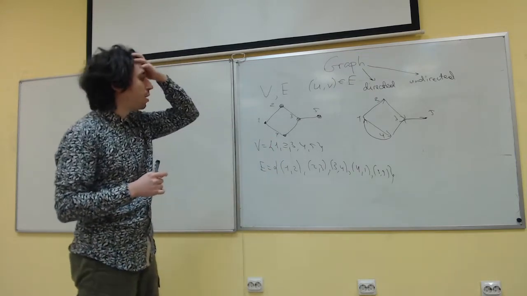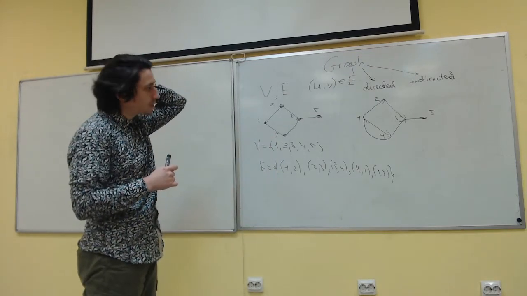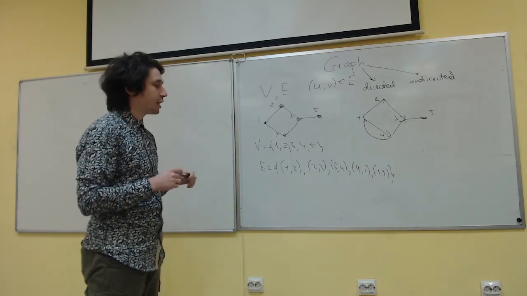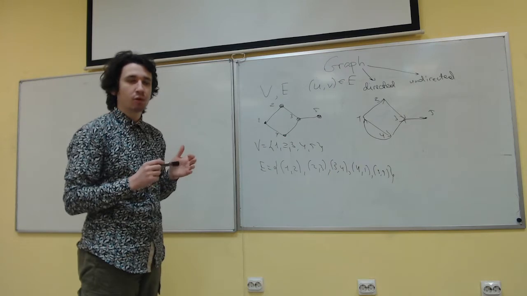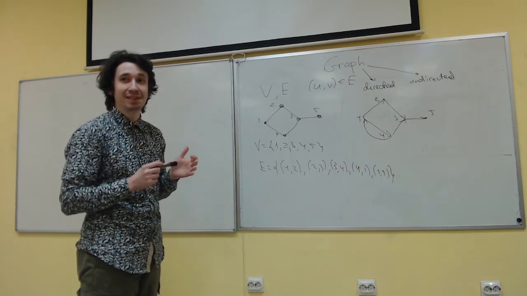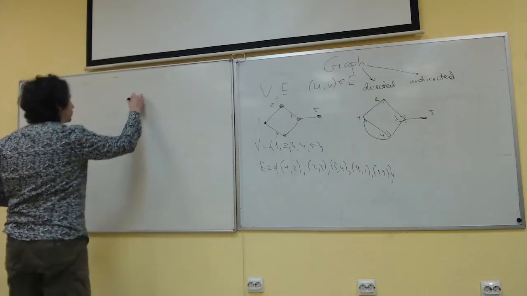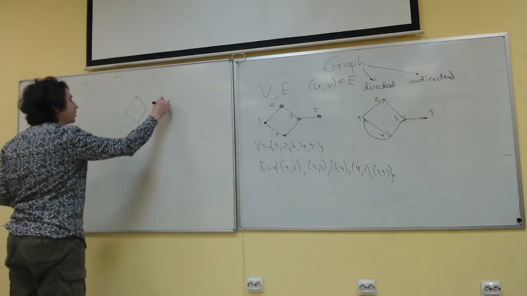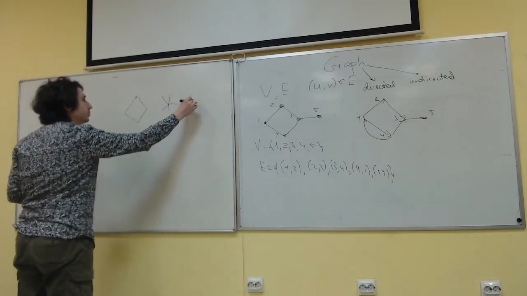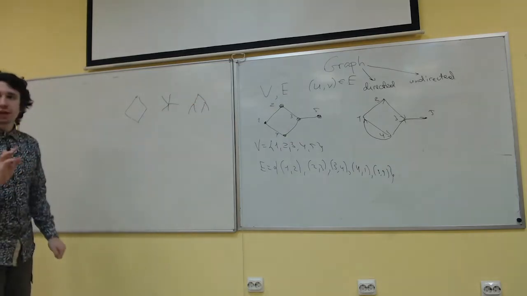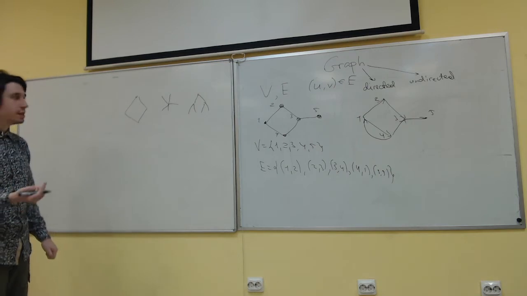What are the typical problems that we are going to solve on graphs? We first want to solve the problems of the connectivity, where you are given a graph, something like that, and you want to count the number of connected components. What I mean connected?